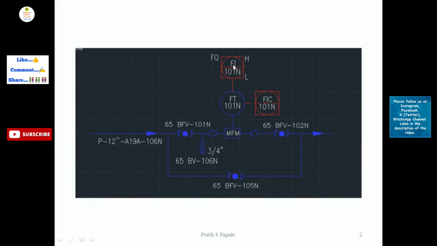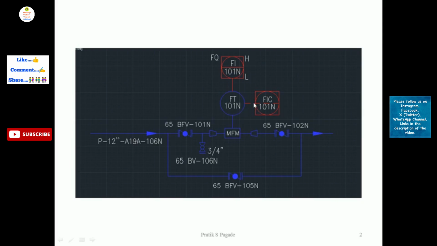FI is the indicator, so it indicates the flow, and FIC is the flow indicating controller. That is, this FIC sends the signal to the controlling element, for example control valve, to control the flow as per the set point.